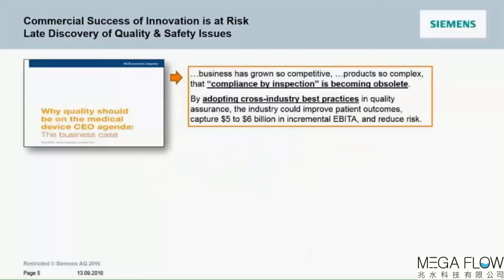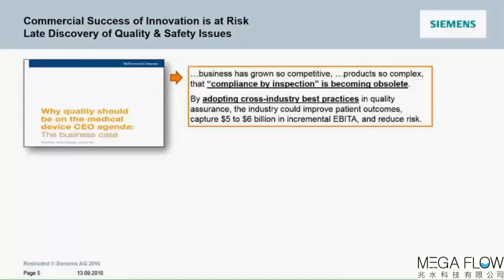We're also hearing from some key industry analysts perhaps some of the reasons for that and some of the risks that late discovery of these quality issues or safety issues cause.